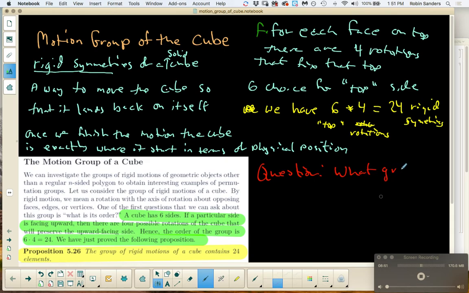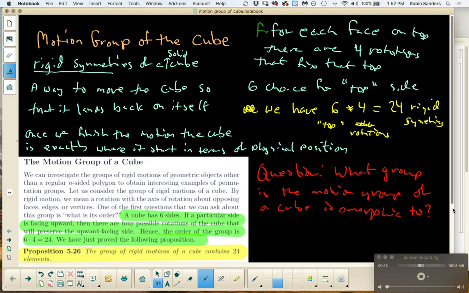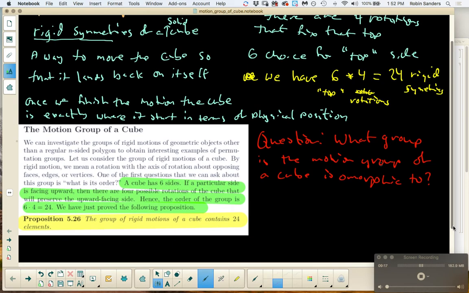Now, what we haven't done yet, and it's an important idea, is we haven't addressed a very important question. What group is the motion group of a cube isomorphic to? We also don't have yet a way of explicitly writing the elements of this motion group.